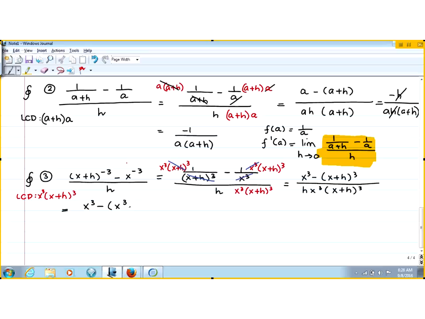So what will I have? x cubed plus 3 times x squared h, that's right, plus 3 times x h squared plus h cubed. Yes, that's right. Divided by h x cubed times x plus h cubed.